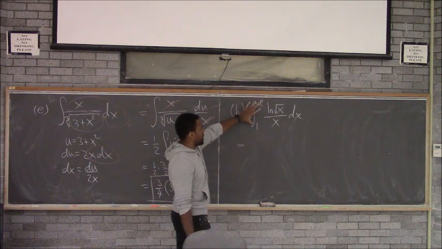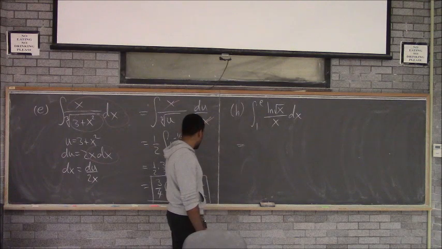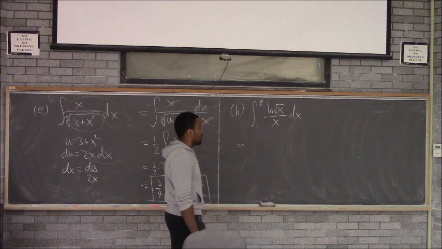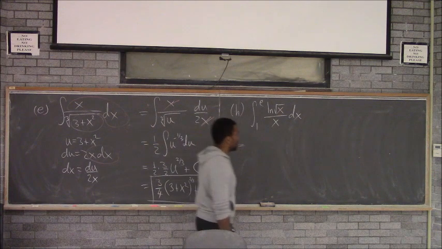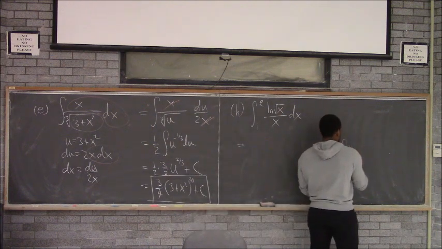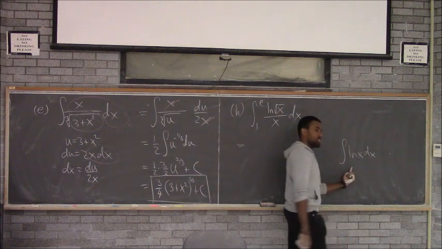I'm going to show you how to actually change the limits afterwards as well. Yeah, but then you'd still have an ln of u, right? You know what that is?